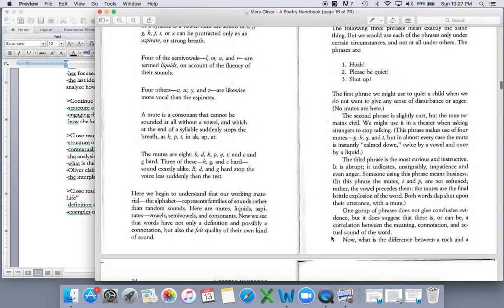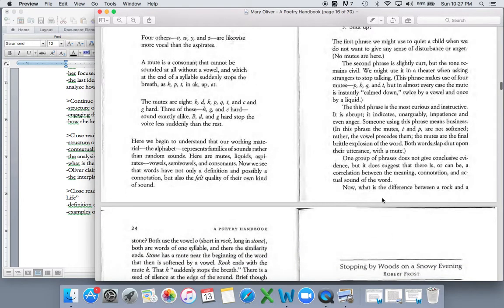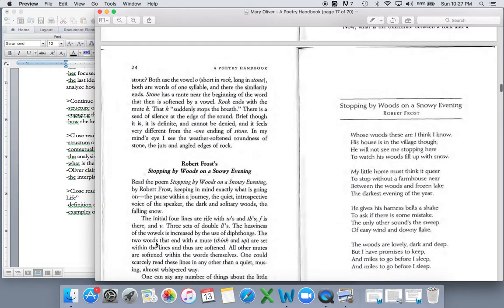And she moves on, though, after this first example. I'll call this example 1 to example 2. She goes back to what is the difference between a rock and a stone? And immediately she answers that question by saying what the difference is and what the different felt quality of these two is. So that's example number 2. Again, it's not poetry she's talking about. She's just talking about two words, rock and stone, words that we use every day.